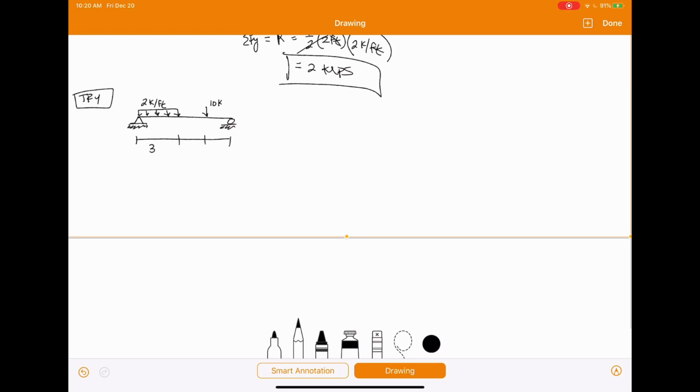So this will be 3 feet, 1 foot, and 2 feet there. Go ahead and find your equivalent force R.